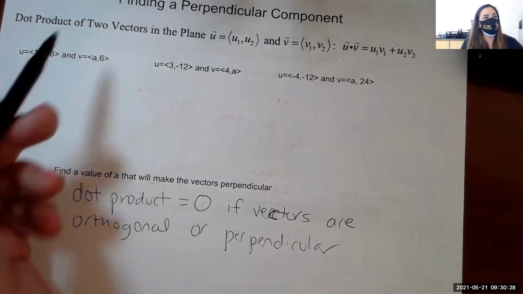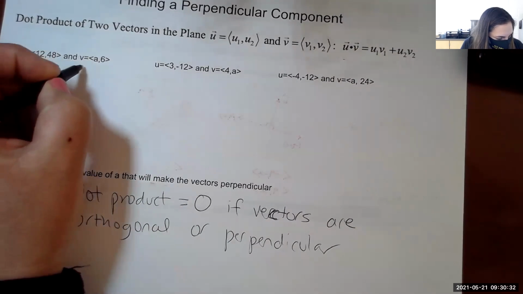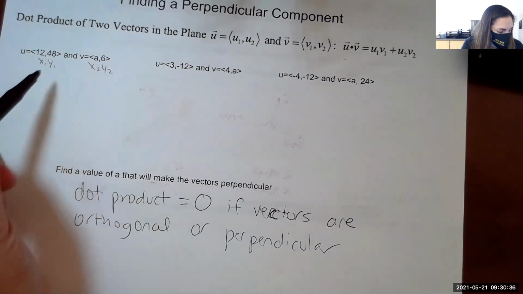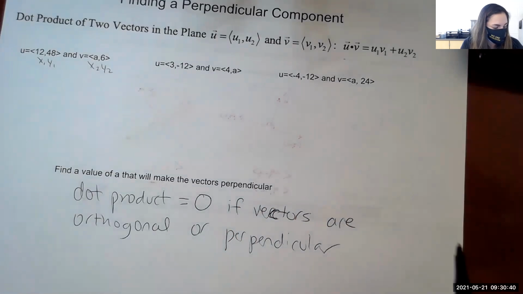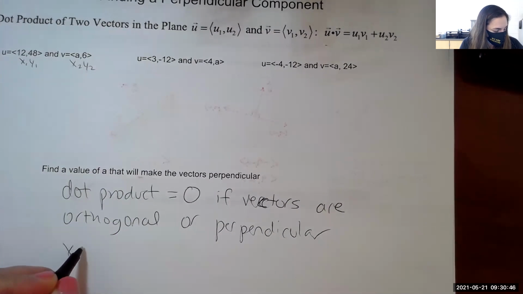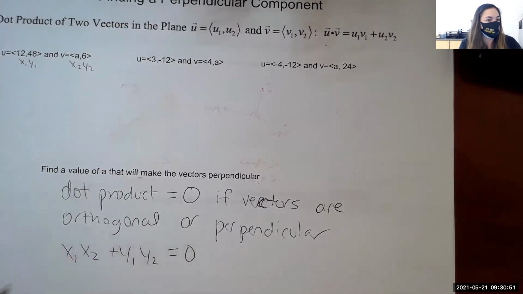So what we're going to do is we're going to take these x1, y1, x2, y2. We're going to take these and make the dot product, set them as a dot product and set that dot product equal to 0, right? So what this means is that x1, x2 plus y1, y2 has to equal 0.